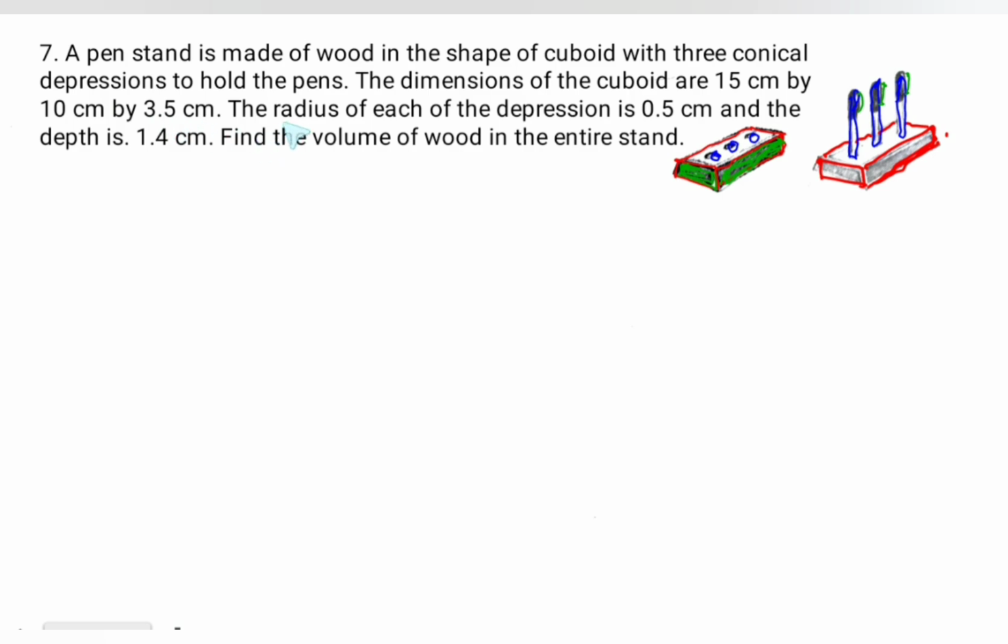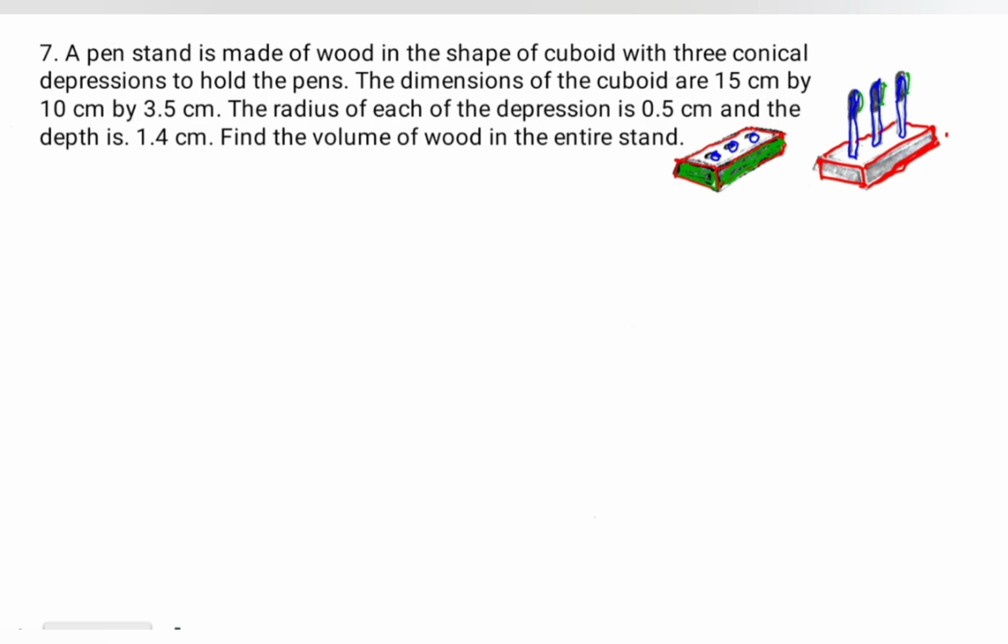The radius of each of the depressions is 0.5 centimeters and the depth is 1.4 centimeters. Find the volume of wood in the entire stand. This is the pen stand. It has 3 depressions, and it is like a cuboid.